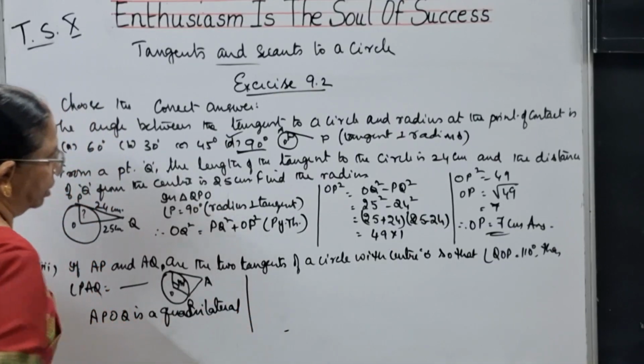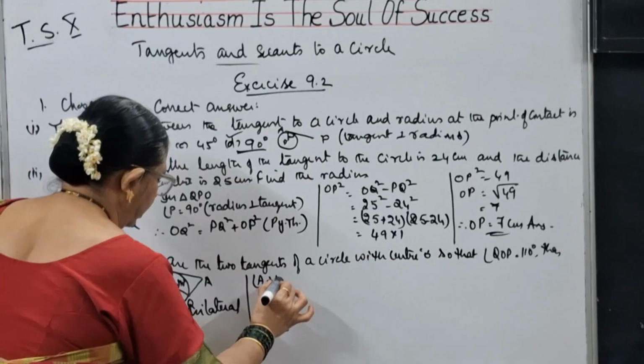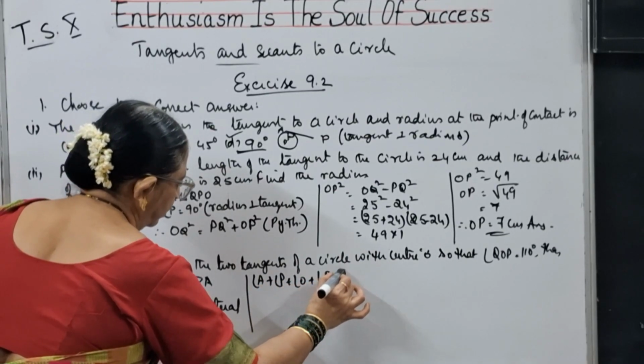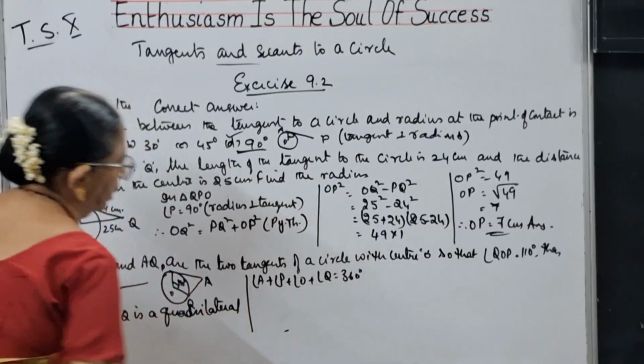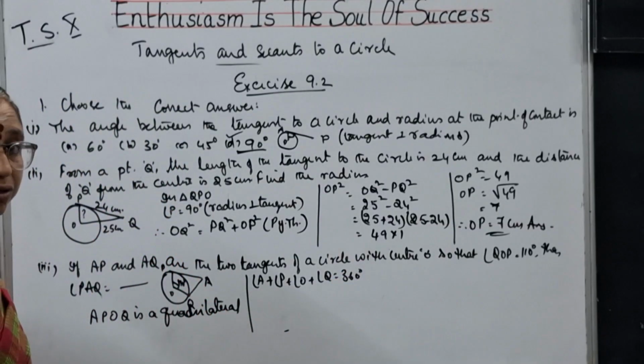So in the quadrilateral, the sum of the angles, angle A plus angle P plus angle O plus angle Q, is equal to 360 degrees. The sum of the angles of a quadrilateral is 360 degrees.